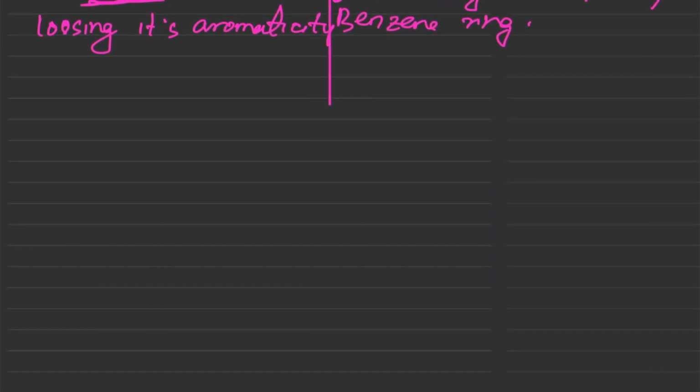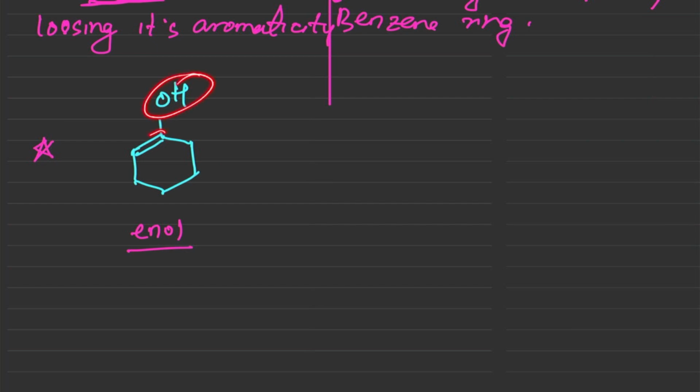Maybe you can practice a couple more examples. Let's say you want to draw the keto version of this. First, let's figure out what it is. Is it keto or enol? Obviously this is enol, because the OH group is on top of a double bond. Can you draw the keto version of the molecule?